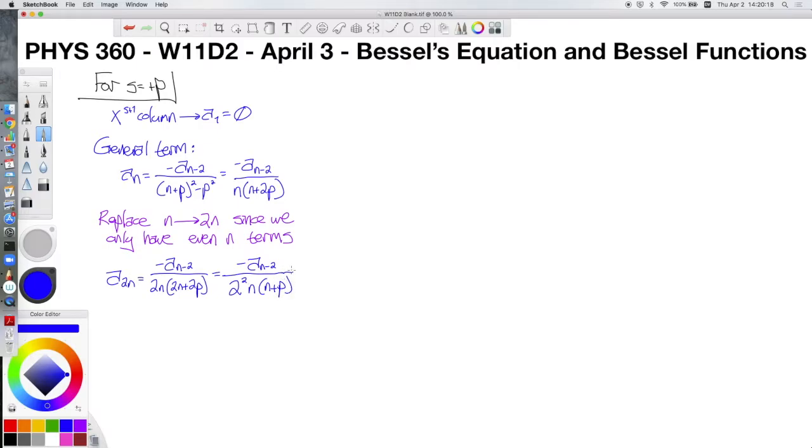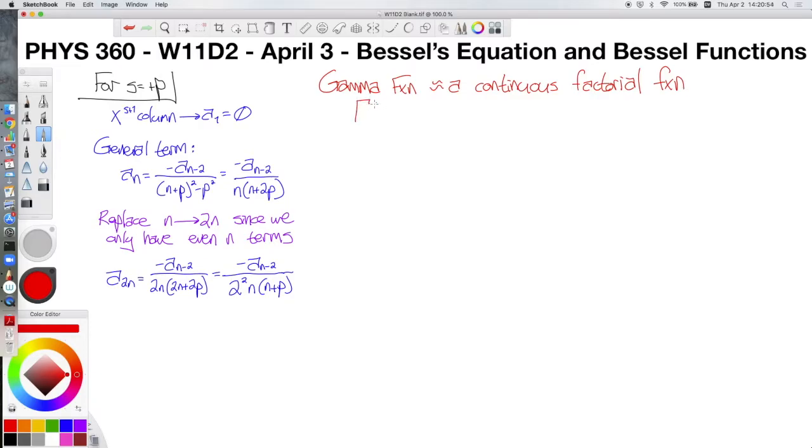So before we go any further, I want to remind you what a gamma function is, because gamma functions are going to come into this solution process. A gamma function is a lot like a continuous factorial function.